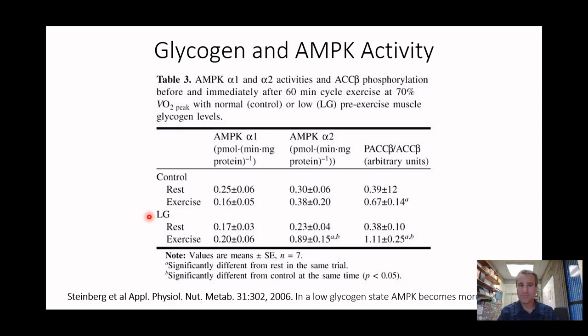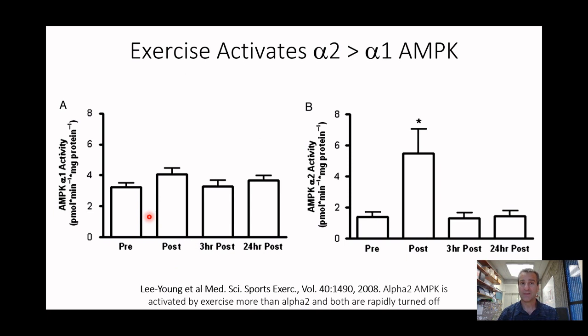So now, because of that glycogen binding domain, which is keeping AMP kinase activity lower, when you start in a low glycogen state, now low glycogen is allowing more AMP kinase to become activated, and that higher AMP kinase activity is translated into a greater response.